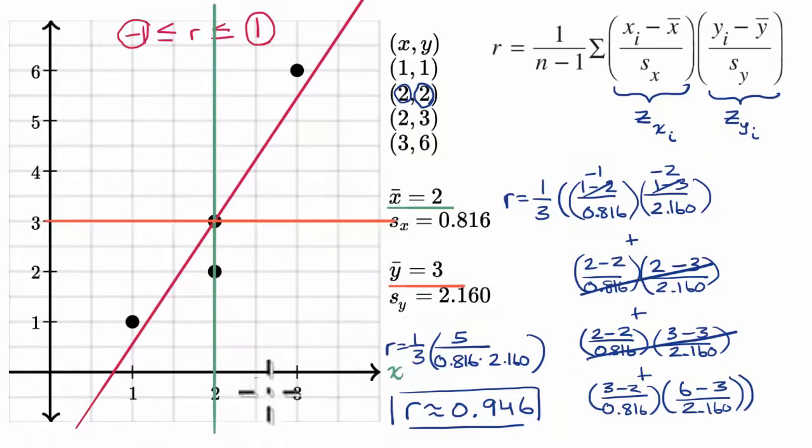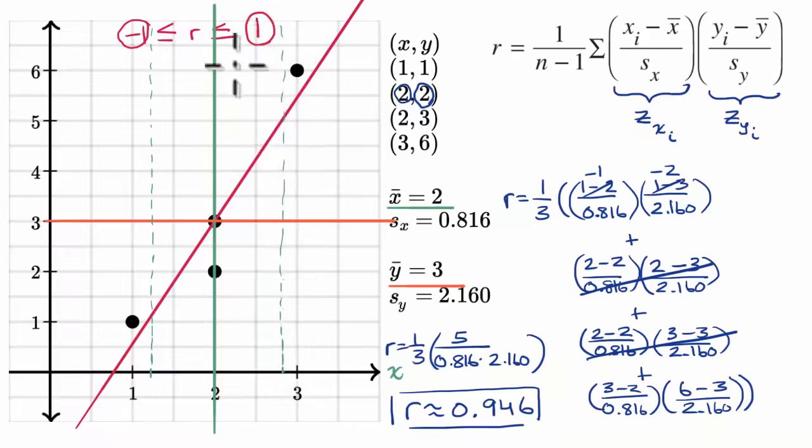Now we can also draw the standard deviations. The standard deviation for x is 0.816, so I'll be approximating it. If I go 0.816 less than our mean, it'll get us someplace around there. So that's one standard deviation below the mean. One standard deviation above the mean would put us someplace right over here.